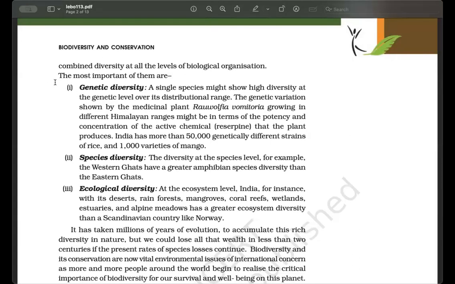So you would like to mark this part of your textbook where they talk about the three different levels of biodiversity or diversity in general, not just in organisms, but also within one species among organisms. So genetic diversity is the first thing.